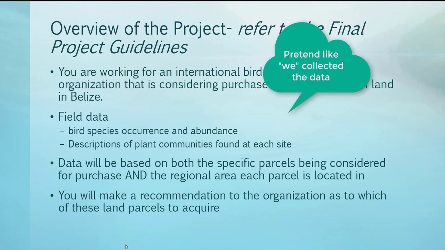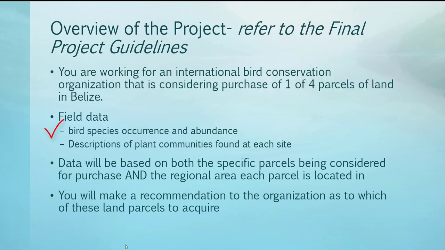gone down to Belize and we have collected data on bird species occurrence and abundance, as well as data on plant communities found at each site. By taking this data and analyzing it, we're going to decide which of the 4 parcels of land that are up for purchase we should actually recommend for purchase.